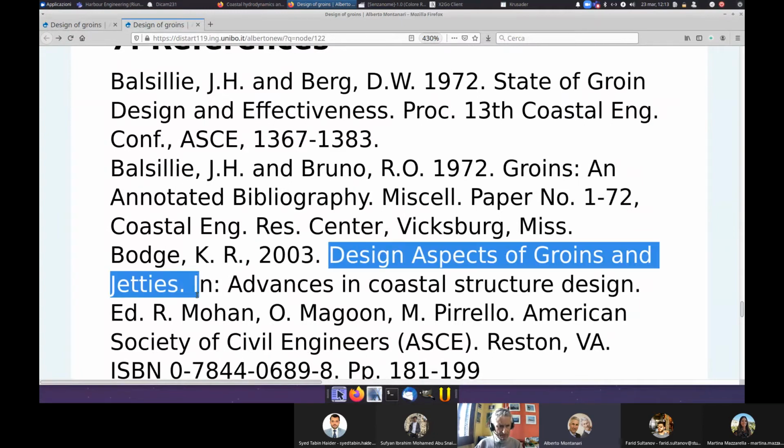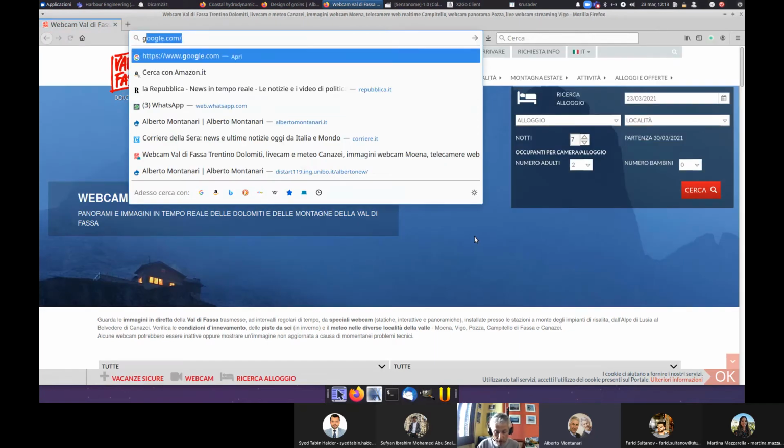Let me see. When you want to find a publication, I think that you are experts already, but what you have to do to check if it's available on the web and also to get information on whether it's freely accessible or not, you should copy the title, and then you open a new web page, and you go on Google.